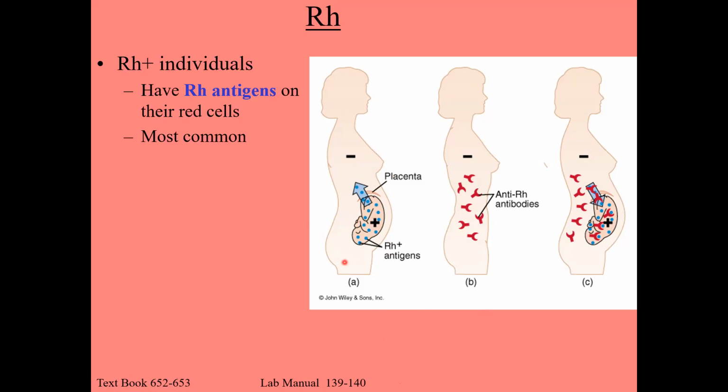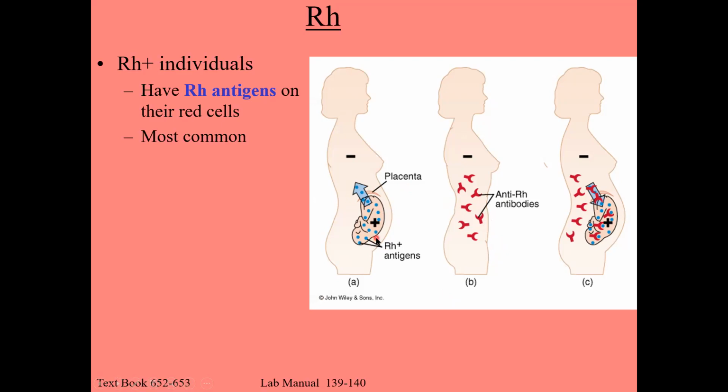This is the first pregnancy. There is no communication between the fetal blood and the maternal blood. There's only exchange of gases and nutrients through the placenta. Now, at the time of birth, the placenta detaches from the walls of the uterus and something happens. When it tears away, it tears the walls of the uterus, and some of the blood in the placenta, which belongs to the baby, gets absorbed into the mother's circulatory system.